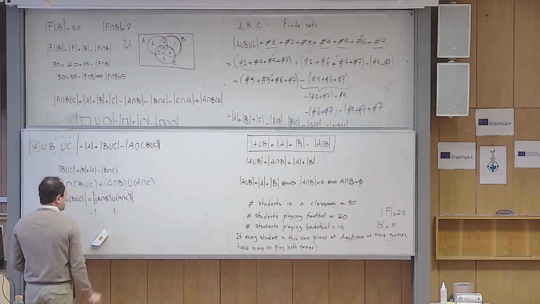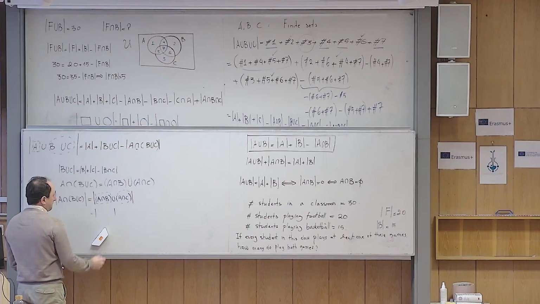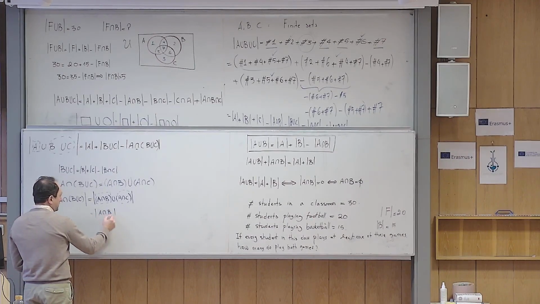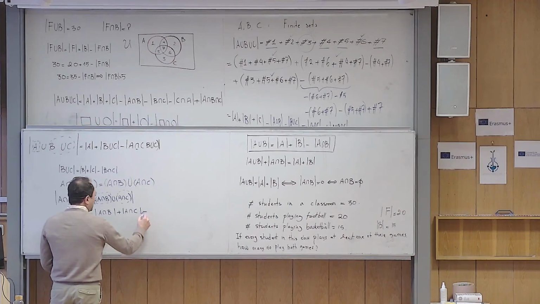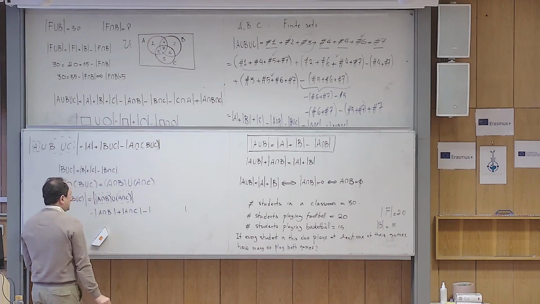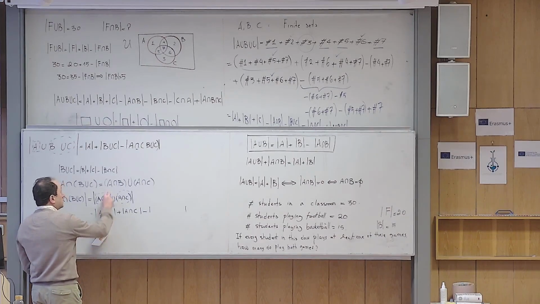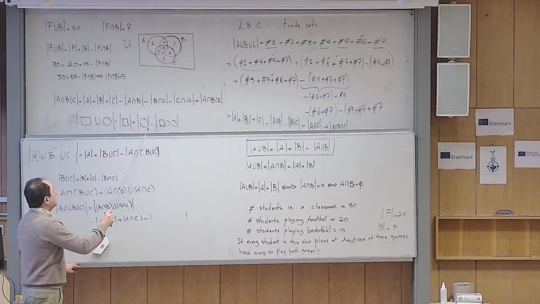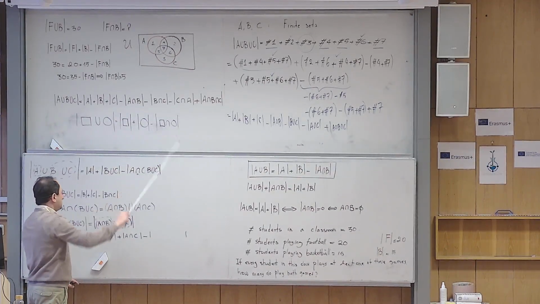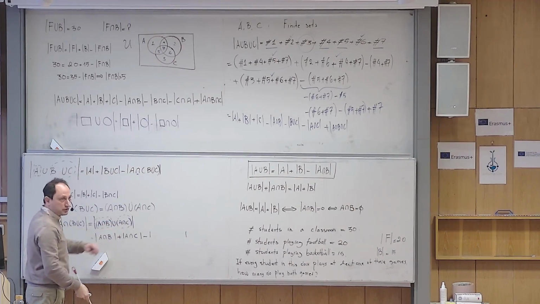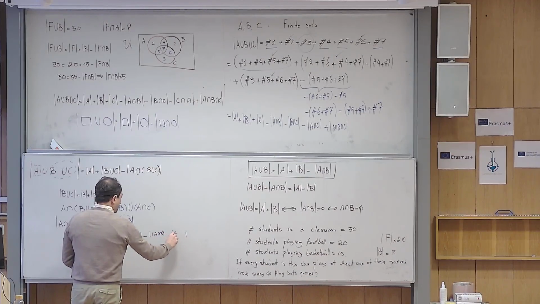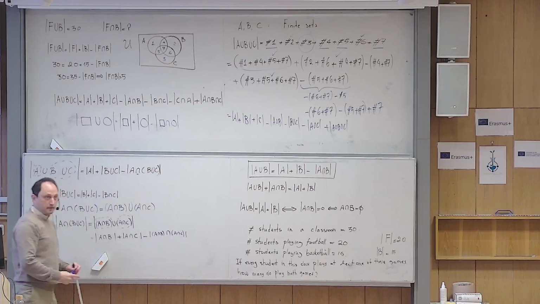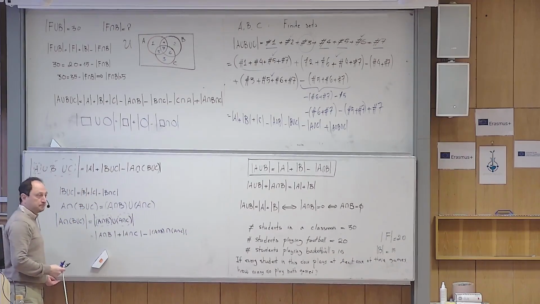It becomes the cardinality of A intersect B plus the cardinality of A intersect C, but minus the cardinality of A intersect B union, not union. Yes, because the formula tells you that this should be intersection. So I have to put intersection between the box and the circle. So it becomes the cardinality of A intersection B, A intersection C, and then intersect. Yes? Is that right?